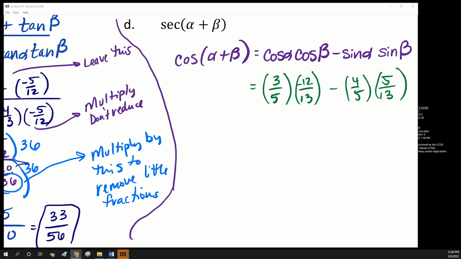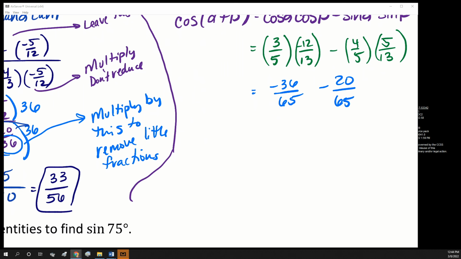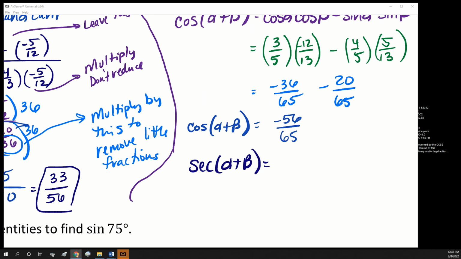This one's addition. All right, so it looks like the cosine of alpha plus beta is going to be negative 56 over 65. So the secant of alpha plus beta is negative 65 over 56.